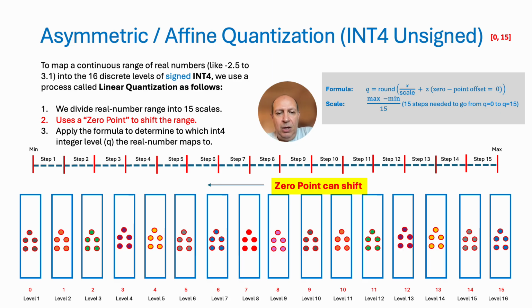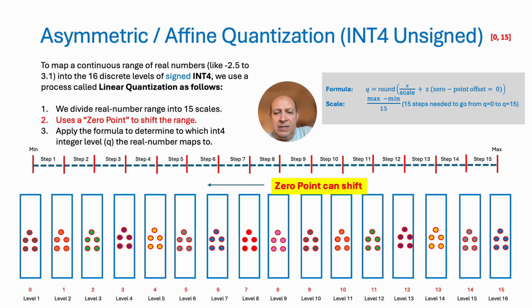We apply the formula Q equals round of x, the real number value, divided by the scale, and then we add to it the zero point. In this case, it is 0, because we're starting from quantization level 0. So z here is equal to 0.